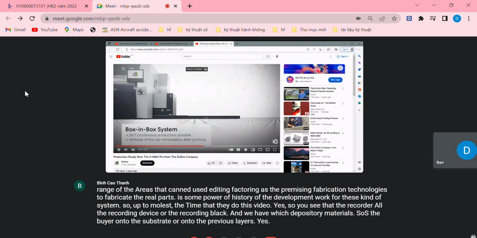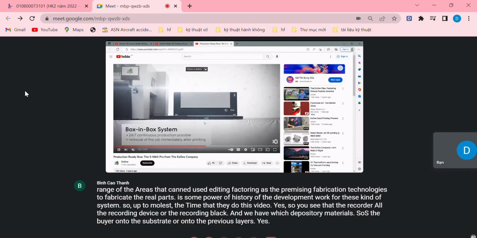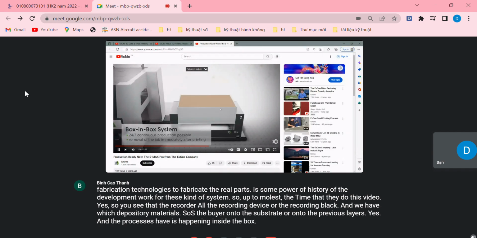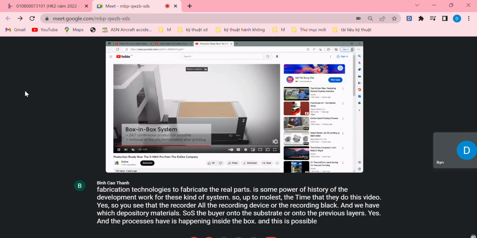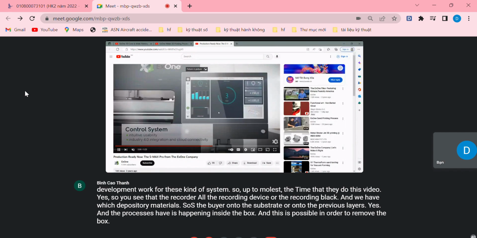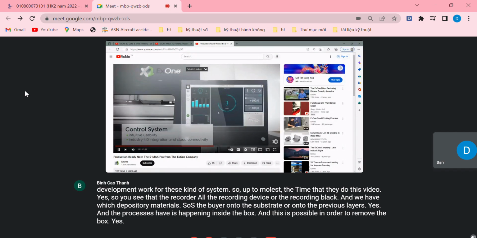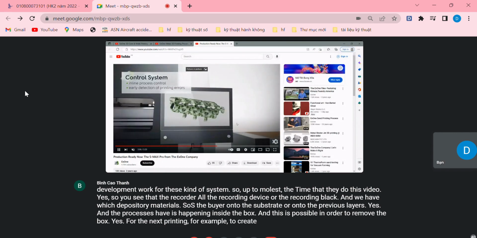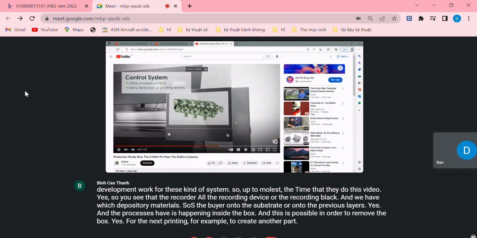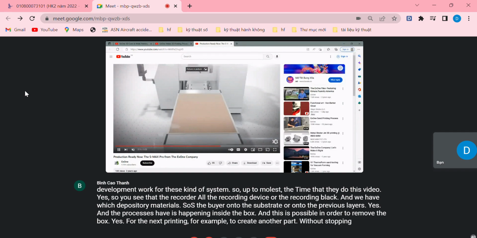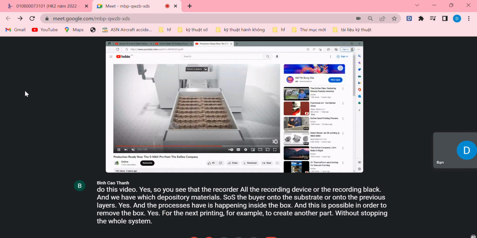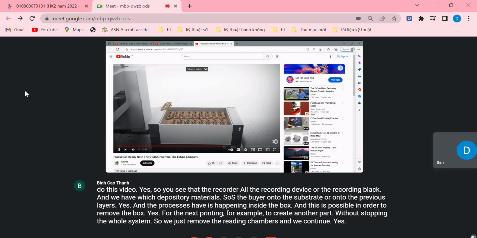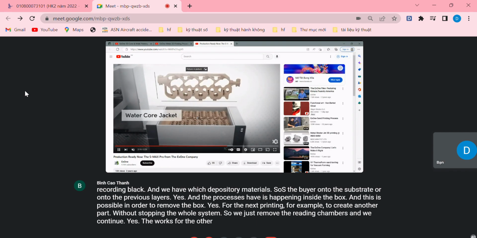And the process happens inside the box, and it is possible to remove the box for the next printing, for example to create another part without stopping the whole system. So we just remove the building chambers and we continue the work for other parts.